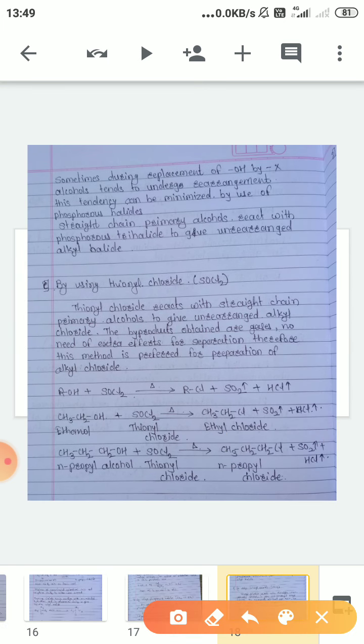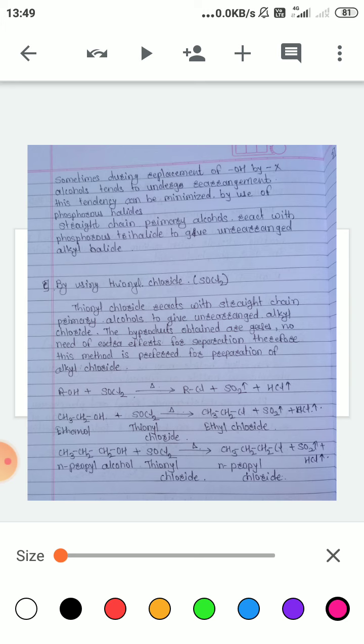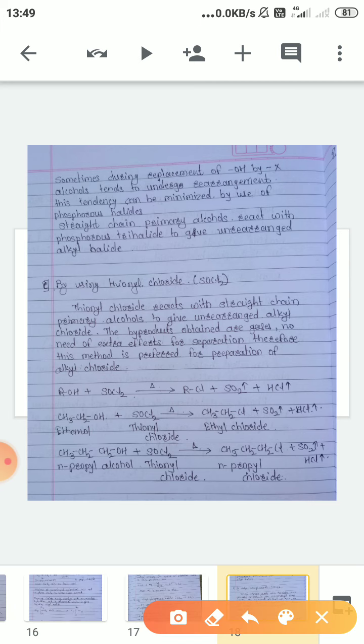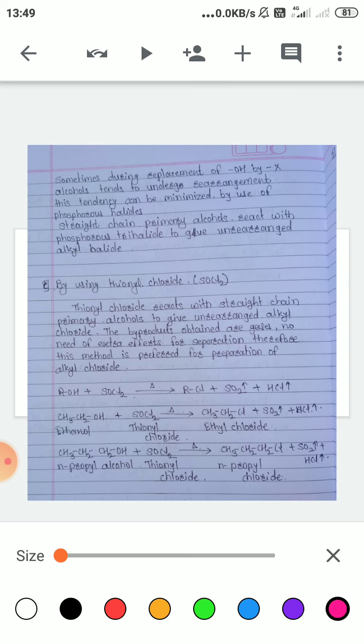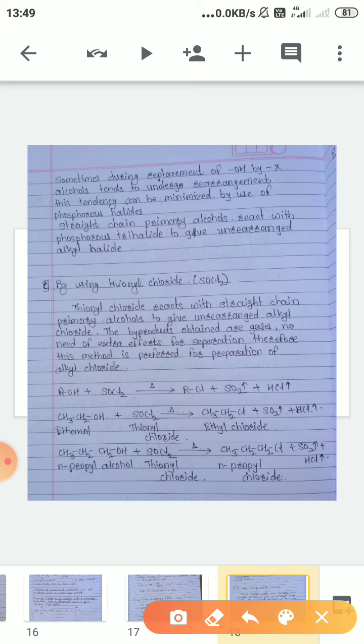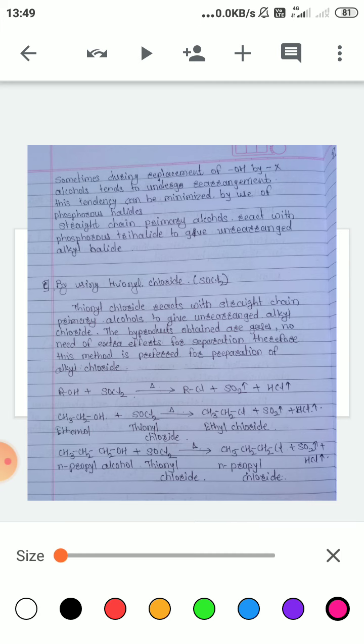Now sometimes during the replacement of this OH, alcohols tend to undergo rearrangement, and this tendency can be minimized by using phosphorus halides. Straight chain primary alcohols react with phosphorus trihalides to give unrearranged alkyl halides.